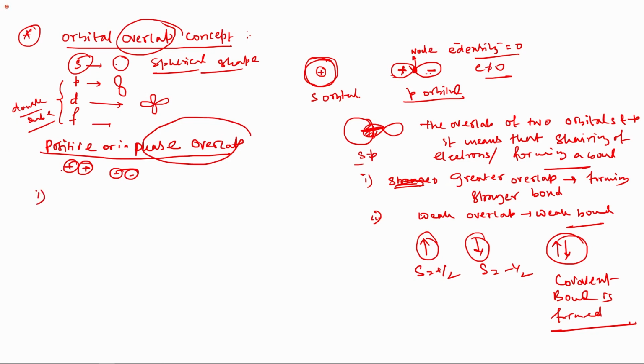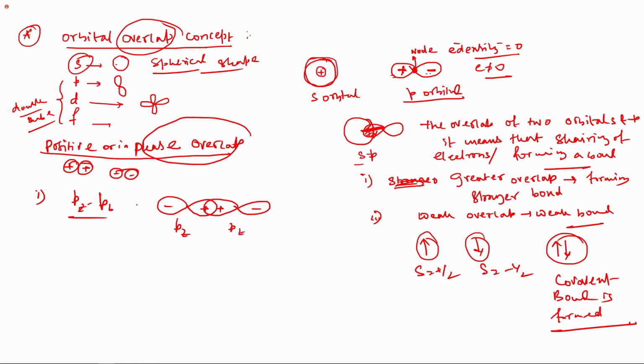First of all, I am going to take two p orbitals, pz and pz. How is the positive phase overlap forming? This is one pz orbital, positively charged and negatively charged. Another pz orbital is also there. So this is positive, this is negative.